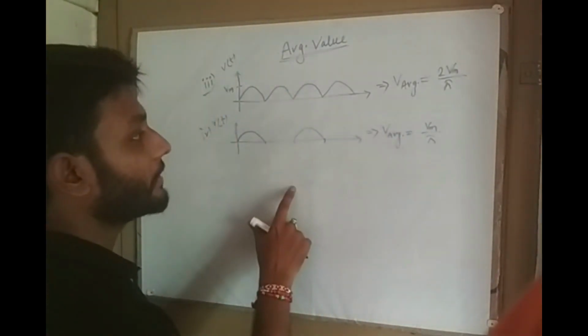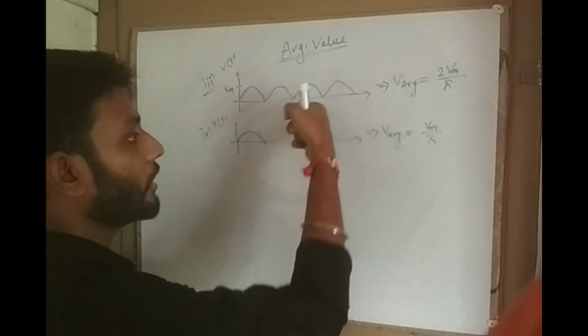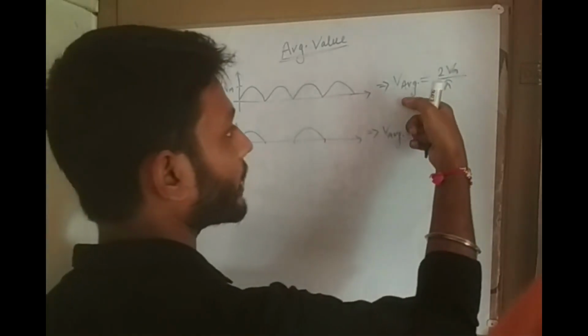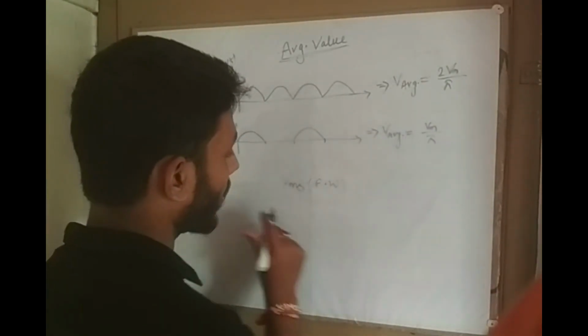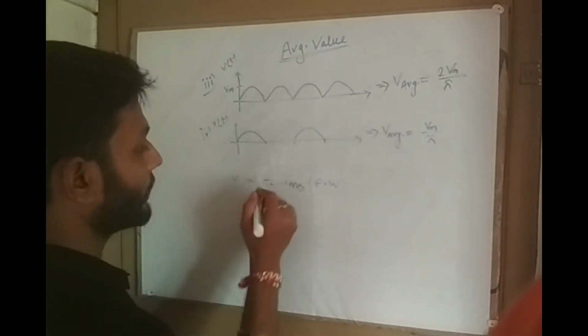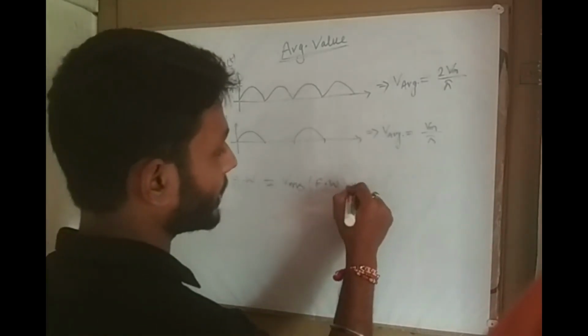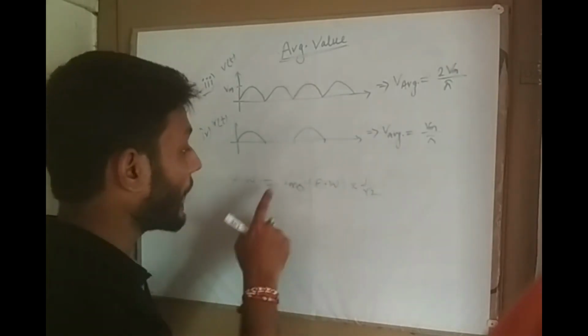In case of RMS value for half wave, when we are converting the full wave into half wave, whatever was the VRMS for full wave, for half wave it was full wave multiplied by 1 by root 2 times, because it was in RMS value.